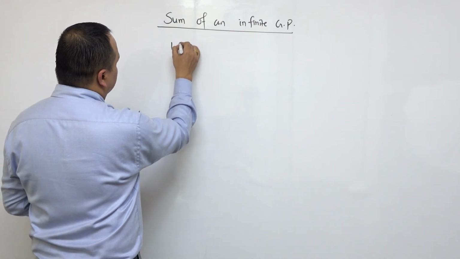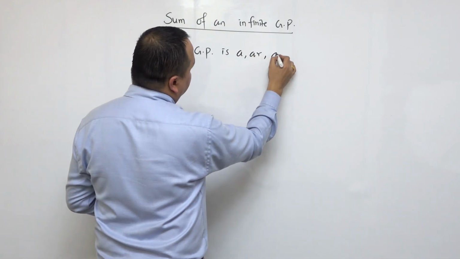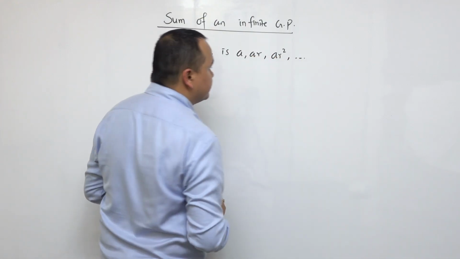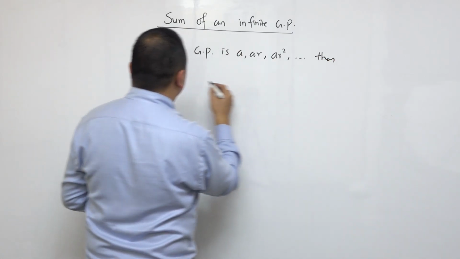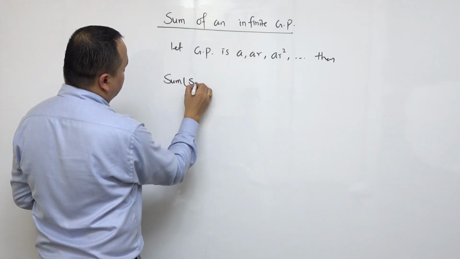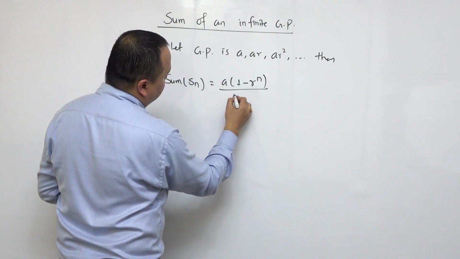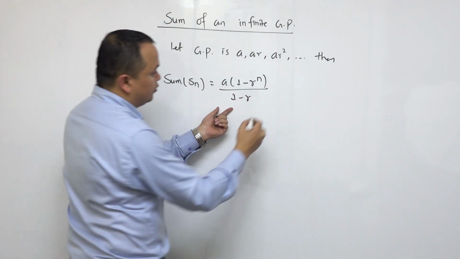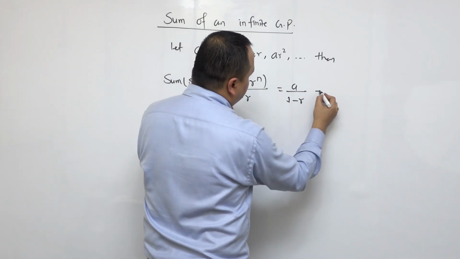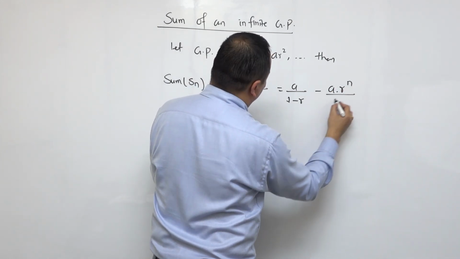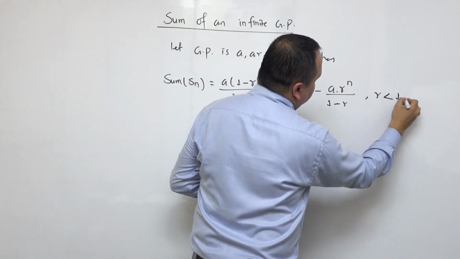Let the GP be A, AR, AR square, and so on. Then the sum Sn is equal to A times (1 minus R to the power n) upon (1 minus R), which is equal to A upon (1 minus R) minus A into R to the power n upon (1 minus R), when R is less than 1.